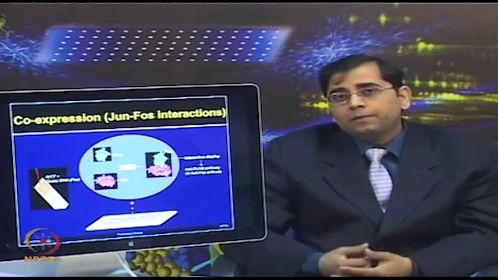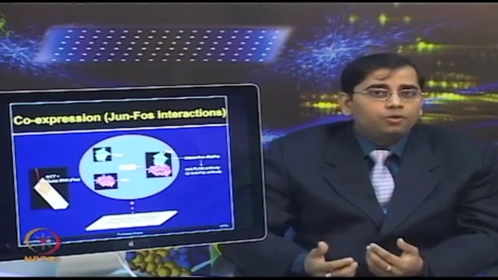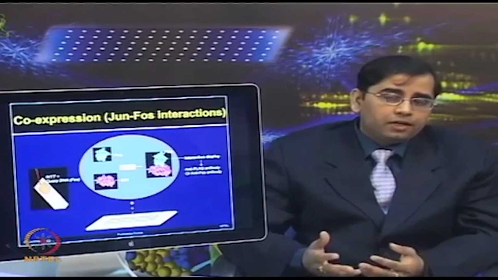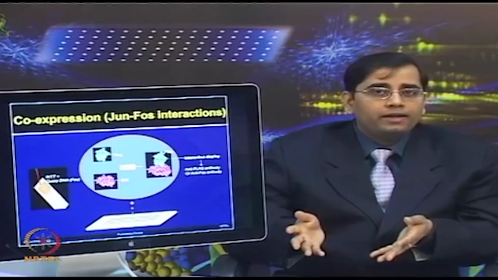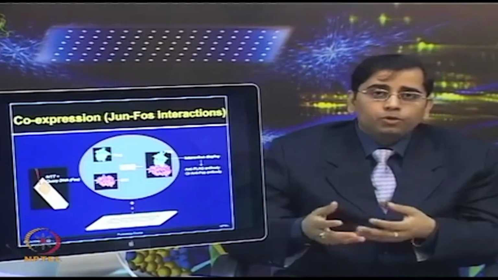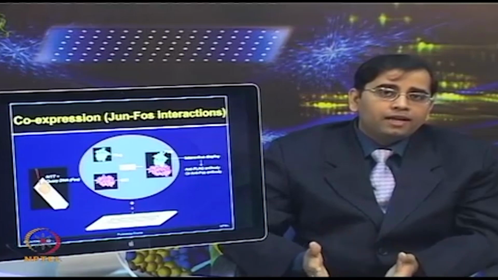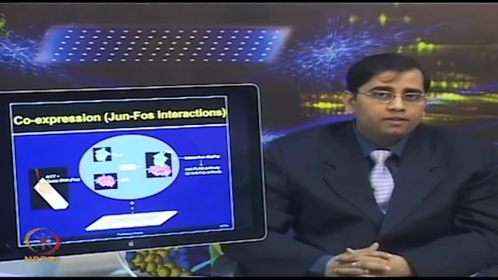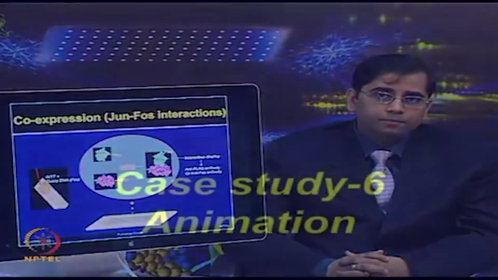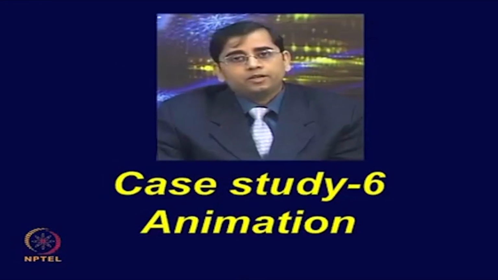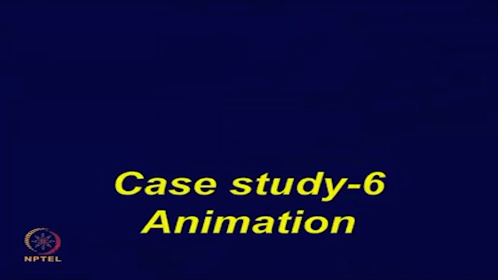So, by performing this type of approach, authors allowed co-expression. It means the same environment for both query and the target proteins. Now, both proteins are expressed in the same mammalian environment, and there is a good likelihood that they are going to identify the right interactors. So, let me show you the steps involved in this study by showing you this animation.